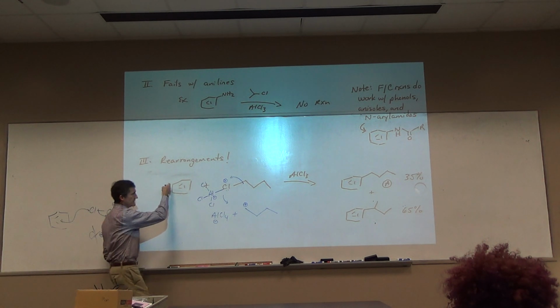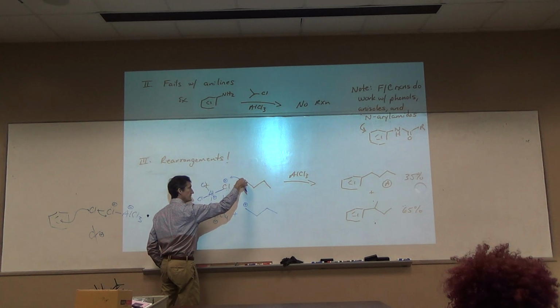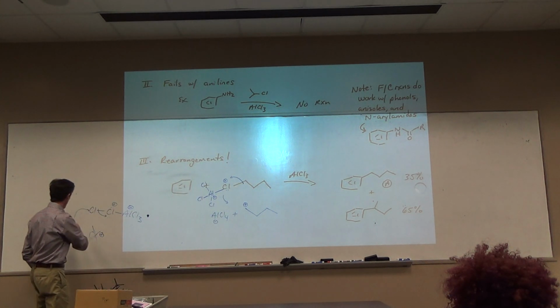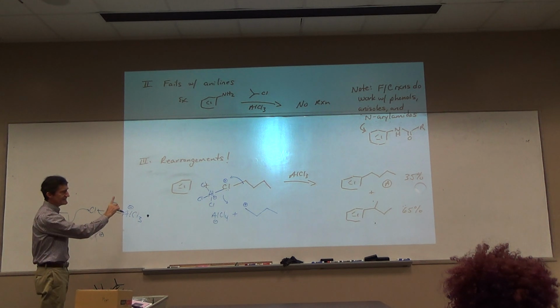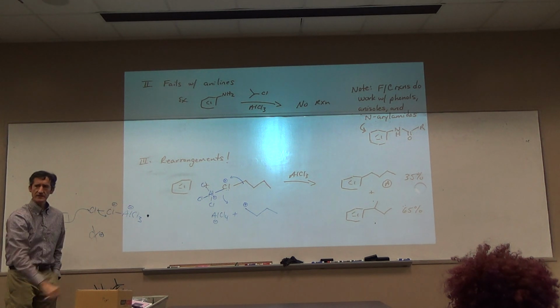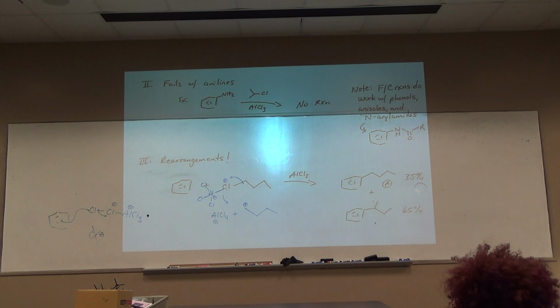And so perhaps this could attack this carbon and kick off the chlorine, as opposed to attacking the chlorine and kicking off the chlorine. But if it did that, how would you get the other product? How does the other product come about? A carbocation rearrangement? Right.